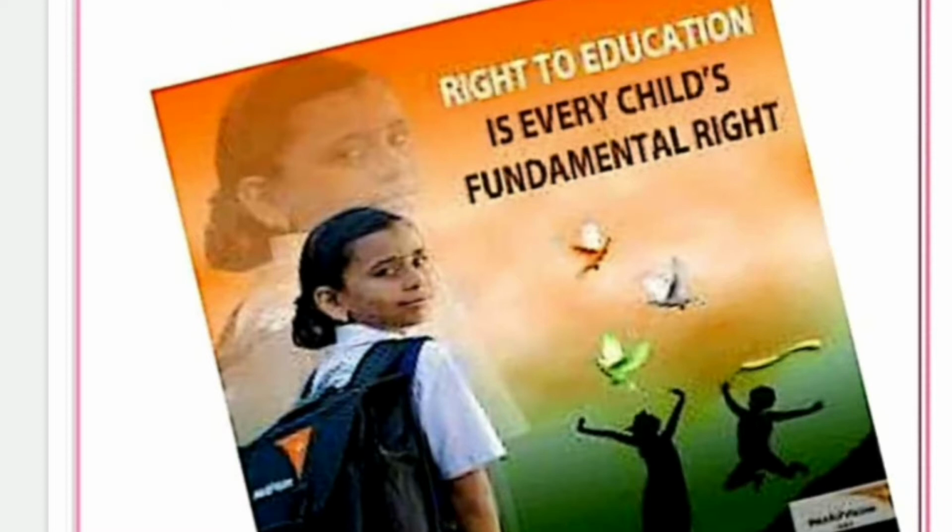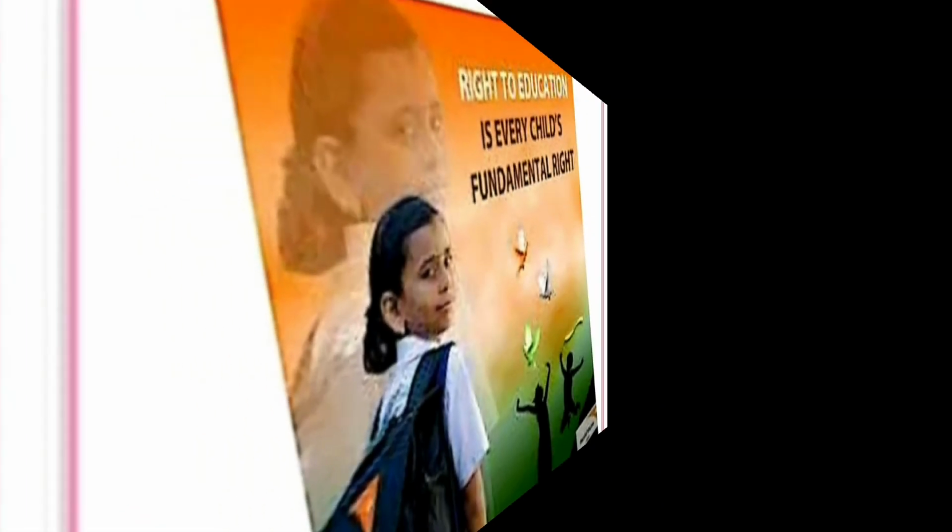Now, every child has got the right to get free and compulsory education between the age group of 6 to 14. To implement the right to education, an act was passed in 2009 by our Parliament to provide free and compulsory education for all children between the age group of 6 to 14.